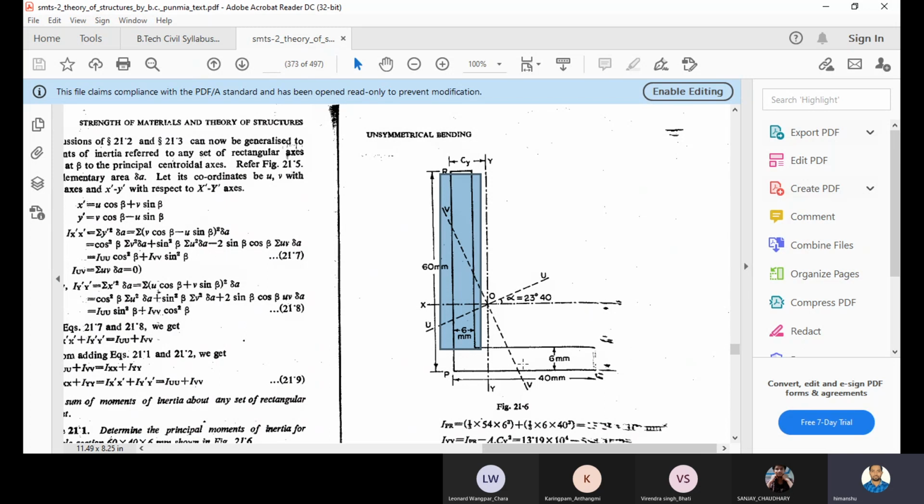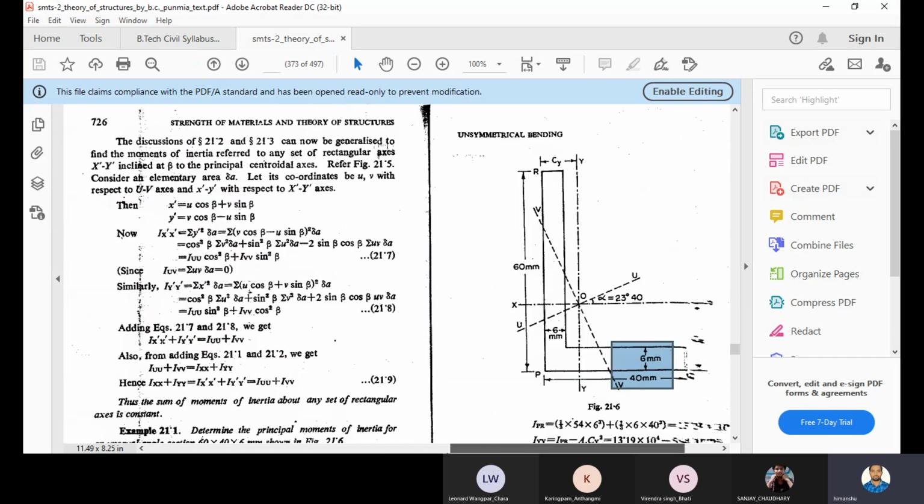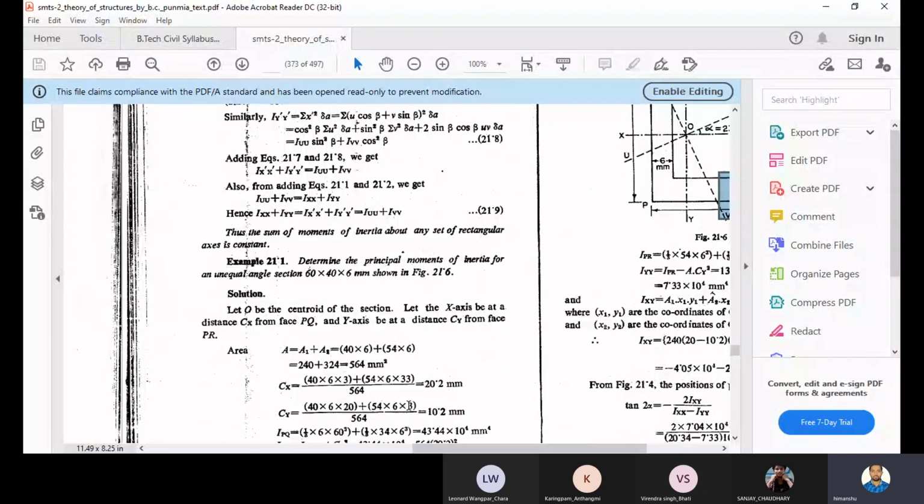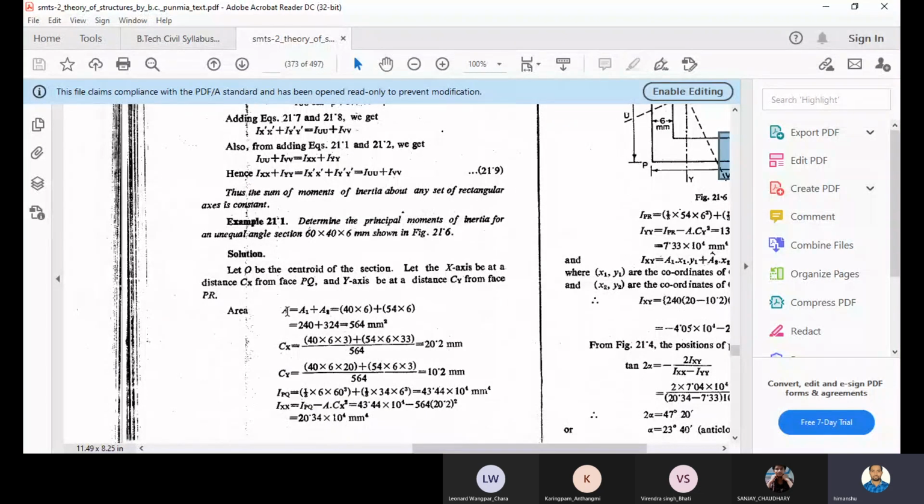Okay, because we have already counted that 6 in this 40. Okay, so the total area of this angle section is 564 mm square. So now we will find out what is cx and cy.